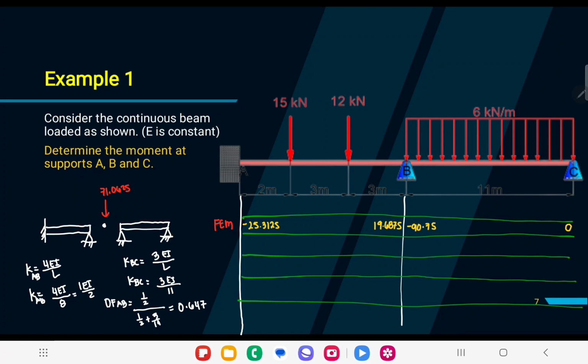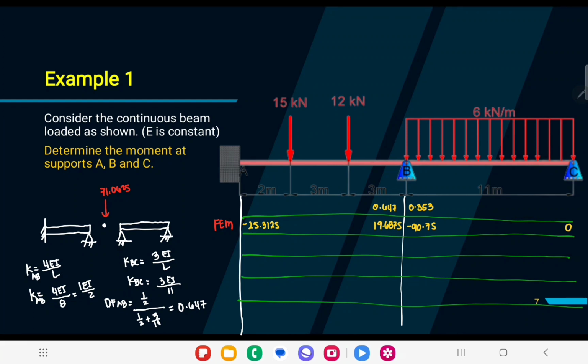And then, alam naman natin that the distribution factor should be equal to 1. So, ang distribution factor for AB is 0.647 and bawasan nyo ng 1 since 1 dapat 100%. So, ang distribution factor for the right side is equal to 0.353.